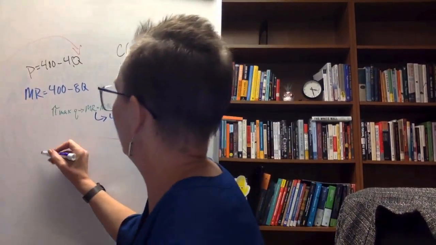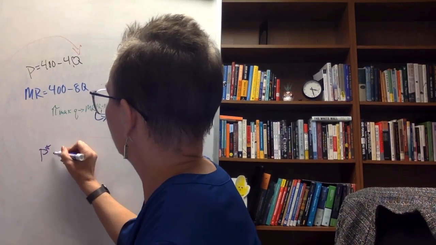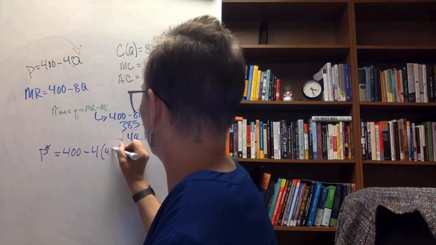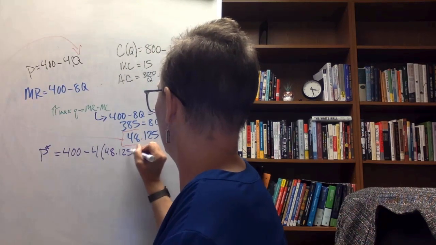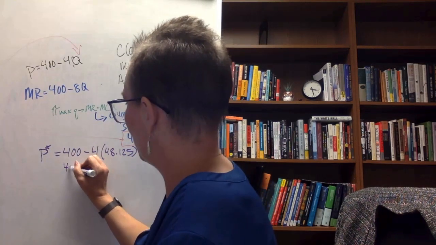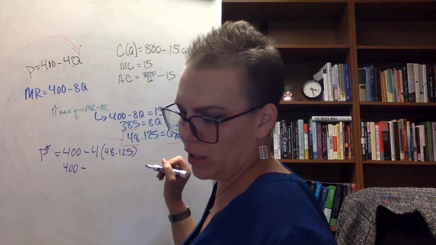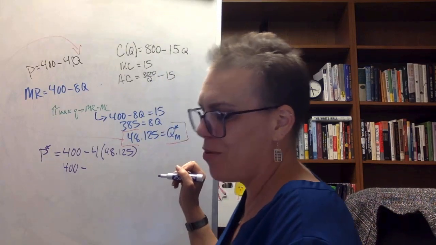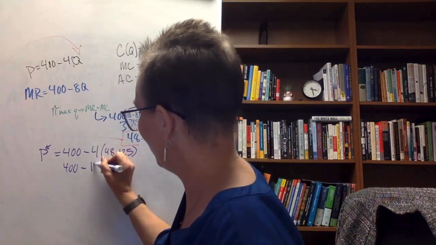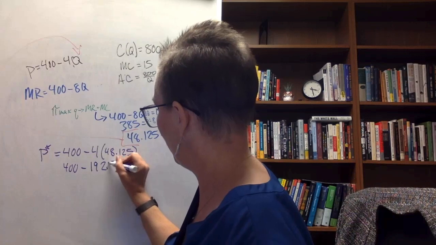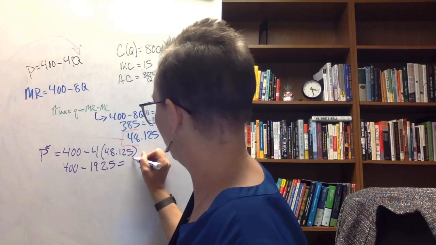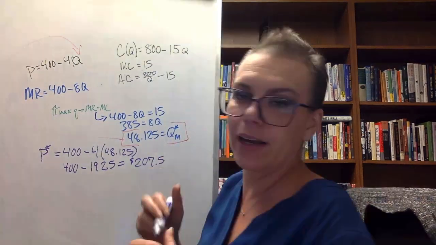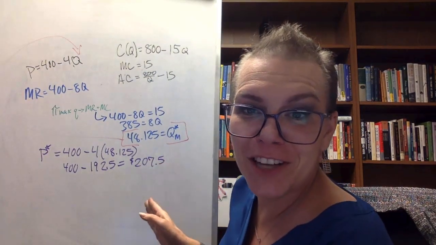We want to find P star, which is going to be 400 minus 4 times 48.125. 4 times 48.125 is going to be 192.5, or a price of $207.50. It's getting late.